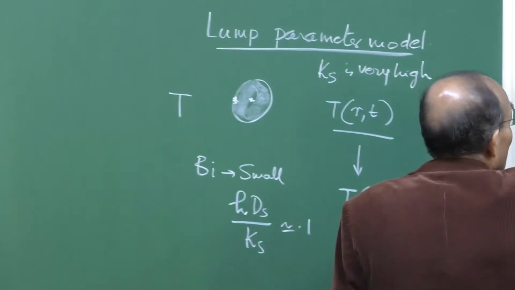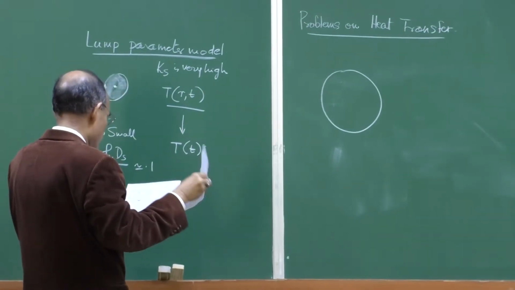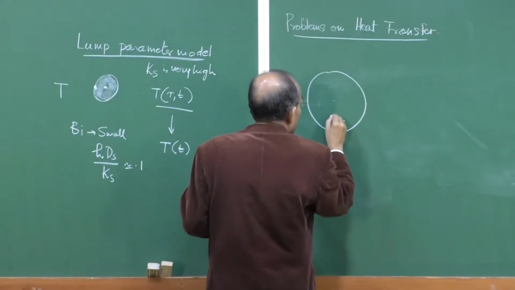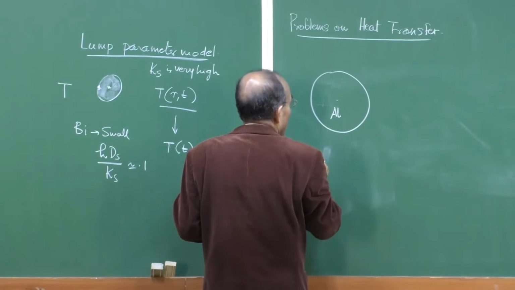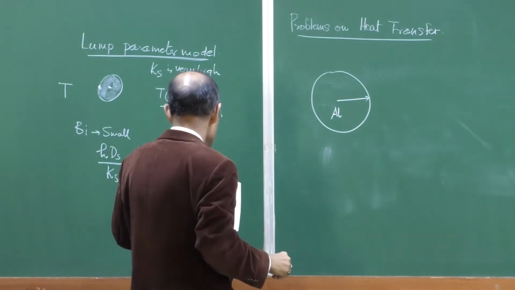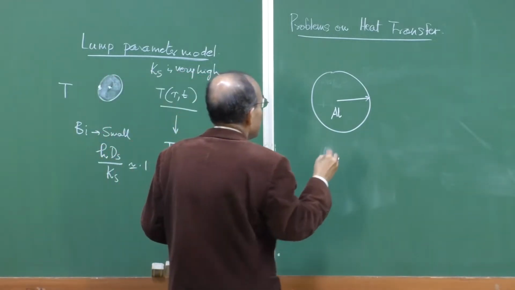So, we have an aluminum sphere, and the diameter of the aluminum sphere is 5 centimeter.